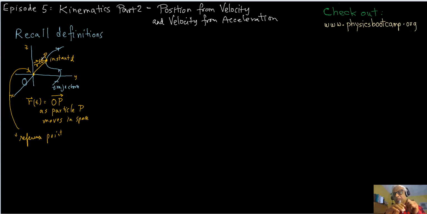But we don't want to be tied to a reference point. Then we discover concepts like displacement, which are independent of the choice of the origin. So we have an infinitesimal displacement vector.